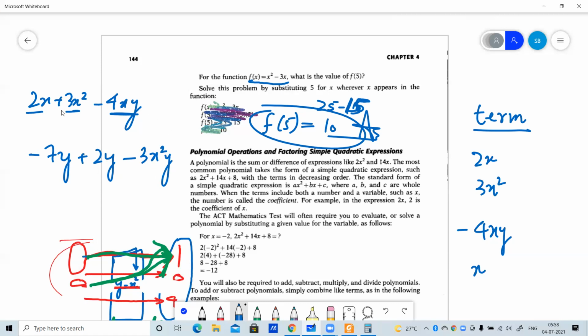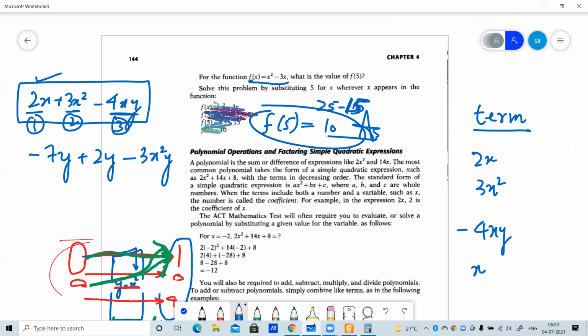But in the first example, you're having 3 terms, 1, 2, and 3. And we have to analyze whether these three terms are like or unlike.